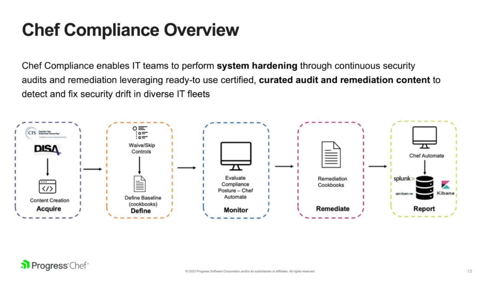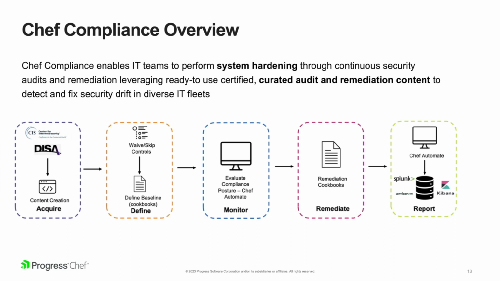Another functionality is the waiver or skip controls functionality, where some of the controls might not be applicable to your business. You can request waivers, giving proper reasons and justification. In the monitor stage, this is where really the value of Chef comes in, by automating configuration, by automating control tests and fixing based on the policies.